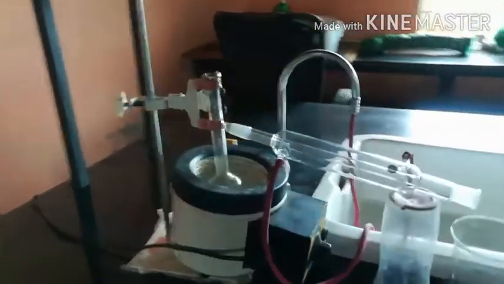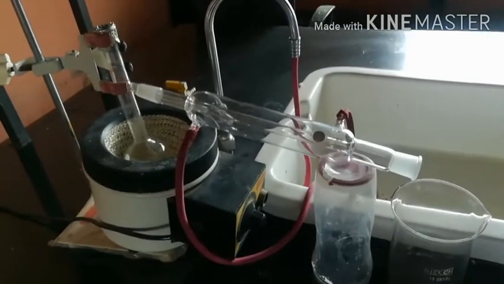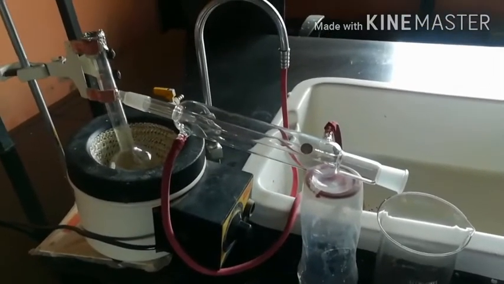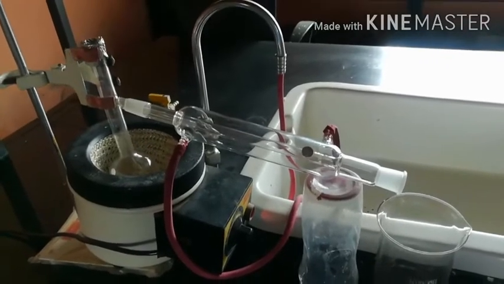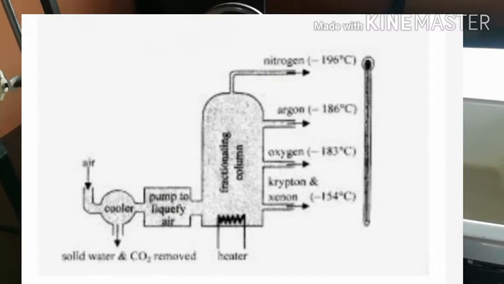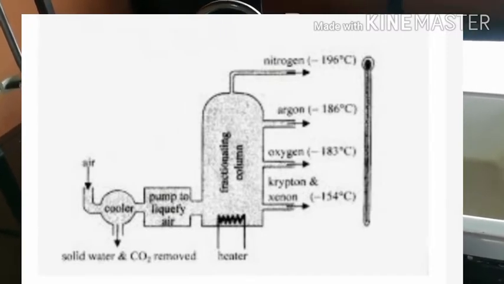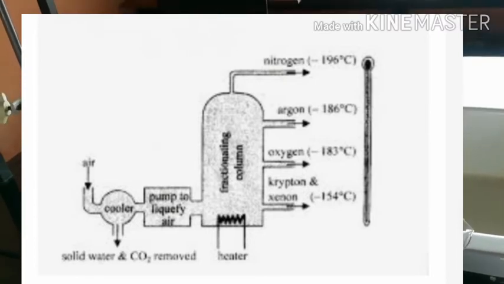So when the components are many and the difference between the boiling point of the components is less than 25 Kelvin, then we go for fractional distillation. For example, if you want to separate a mixture of air, we can use fractional distillation. For separating petroleum, we can use fractional distillation.